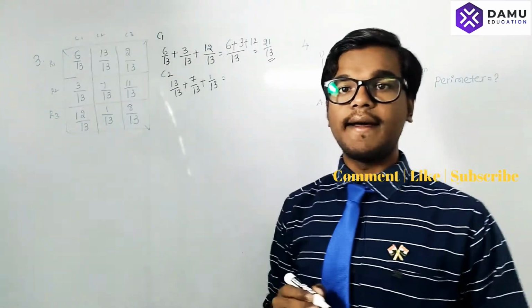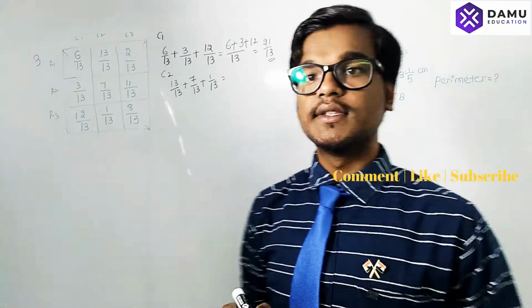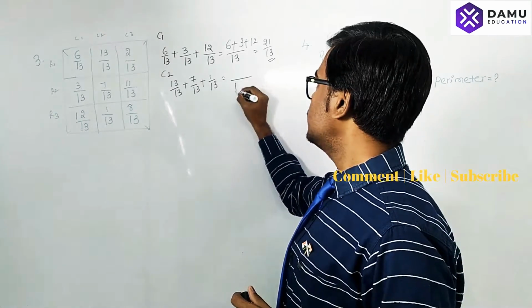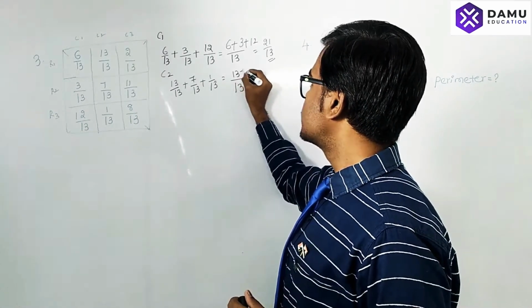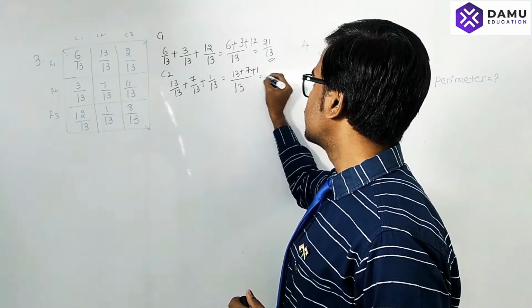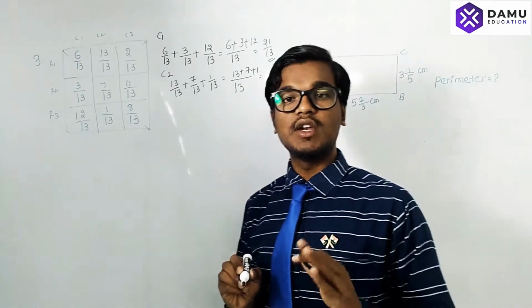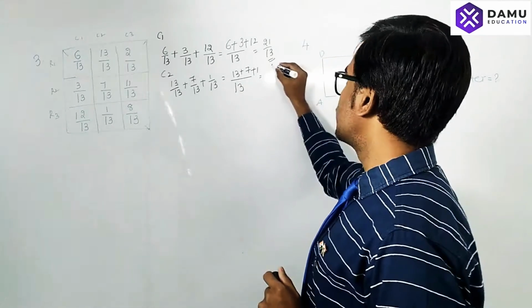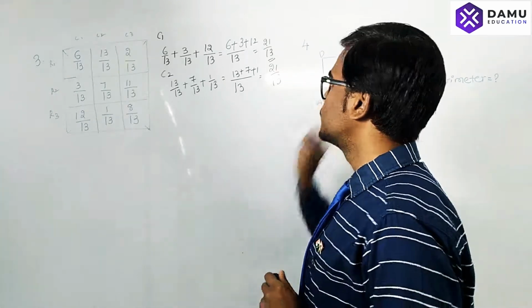These are all like fractions. 13 plus 7 will be 20, 20 plus 1 will be 21 by 13.